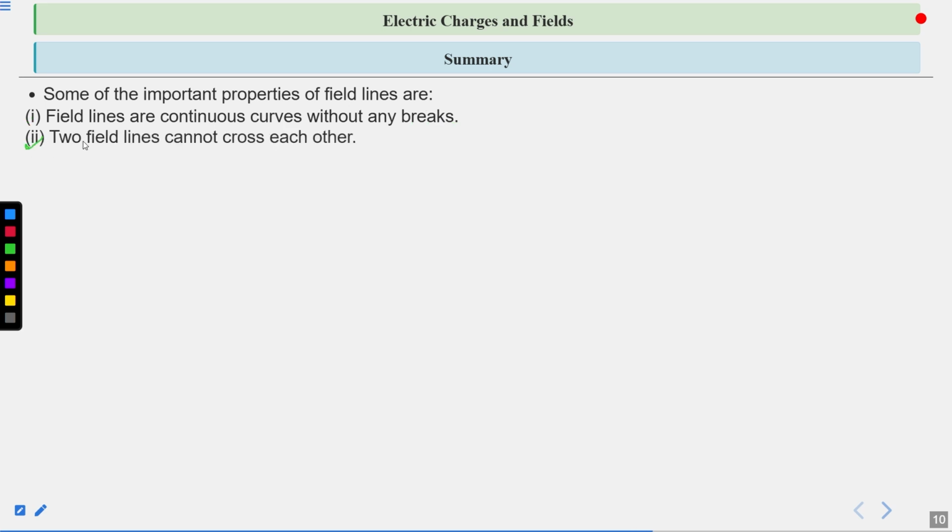Some important properties of field lines are: first, field lines are continuous curves without any breaks. Second, two field lines cannot cross each other. Suppose we have two field lines, first and second, listen carefully. If they cross each other at a given point, suppose point P, then what happens?